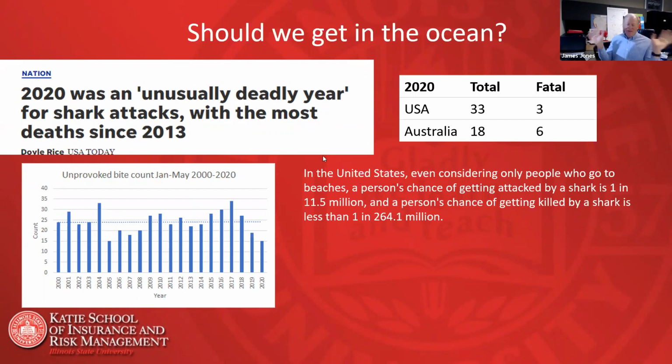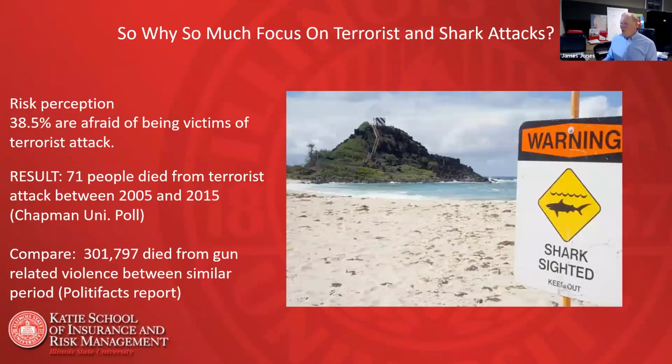Now, if you just take the people in general, obviously, people that don't go to the beach, the odds are even much higher. So why the focus? Honestly, should we even have that? And the answer is probably not. There's probably no reason to even have that as a report, but you can go find shark attack websites and all kinds of things.